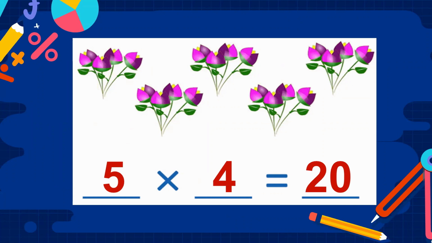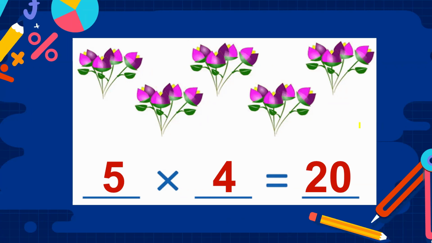So as you noticed, our first example, we have 4 times 5 equals 20. And now we have 5 times 4 equals 20. Now let us count individually if 20 is correct. 1, 2, 3, 4, 5, 6, 7, 8, 9, 10, 11, 12, 13, 14, 15, 16, 17, 18, 19, and 20.